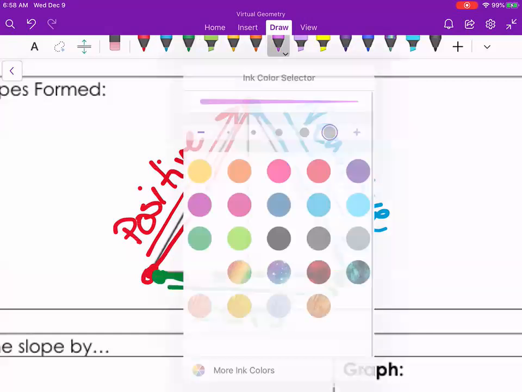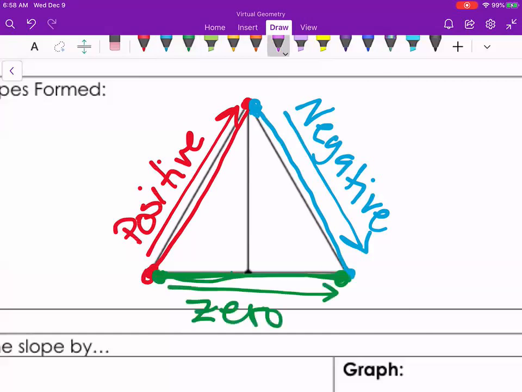And then as the line goes straight up or down, that is the undefined. That is your undefined slope.